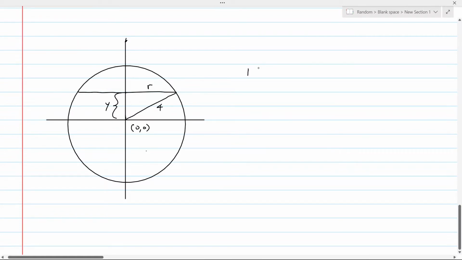In which case we can see that 4 squared is equal to y squared plus r squared, or r squared is equal to 4 squared minus y squared.